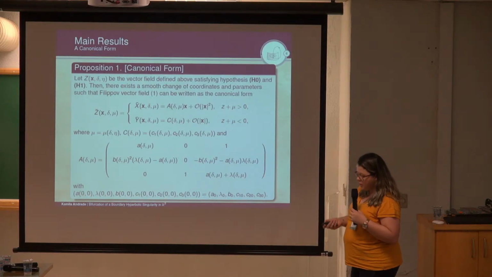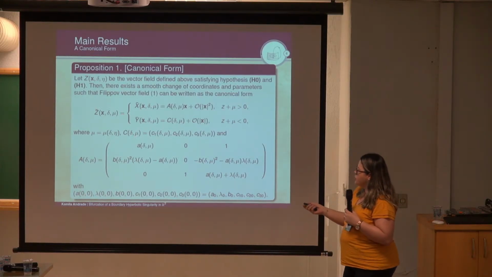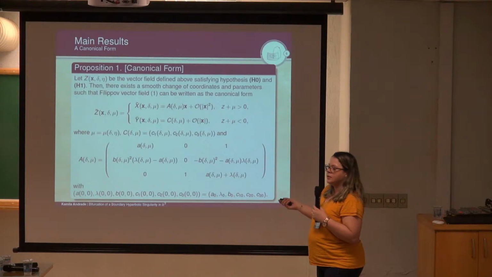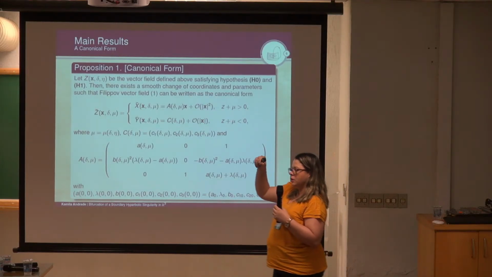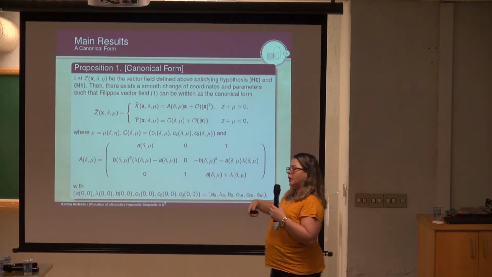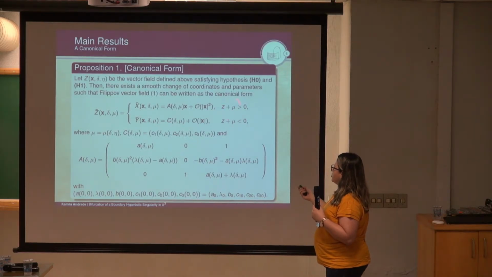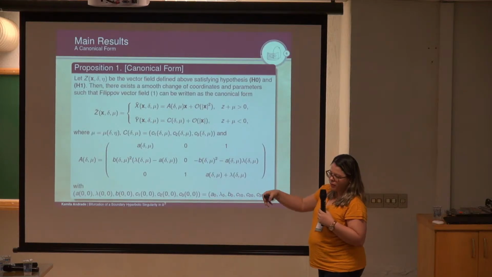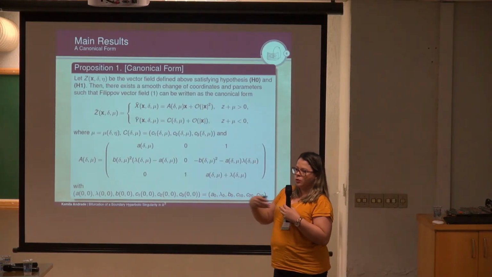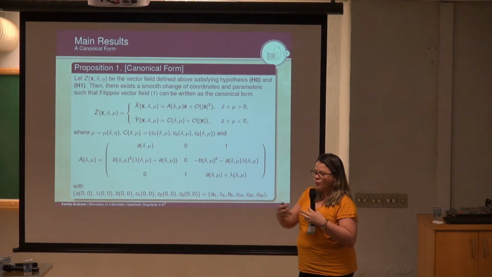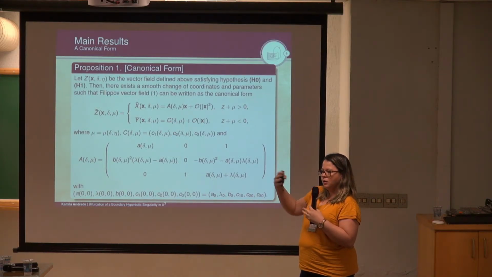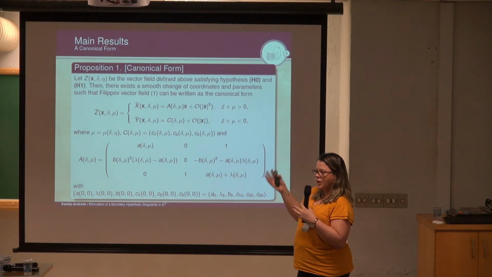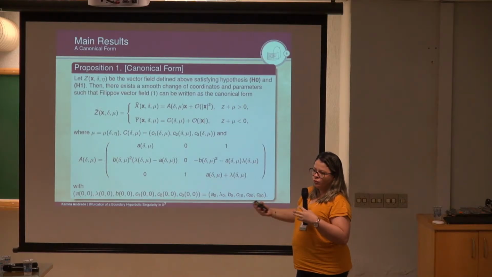The most important thing here is that with this change of coordinates, we fix the hyperbolic singularity at the origin, and we give a good expression for the function that defines the switching manifold. It allows us to work with more control of things, because in order to show that connection, we have many things to control.